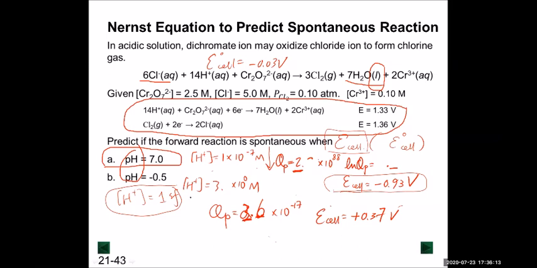And condition B is when you have a low pH, a negative pH. Negative pH means the hydrogen concentration is more than 1 molar. It's actually 3 molar, 3.2, I think. You keep only 1 sig fig. So 3 molar, a high concentration of reactant, pushes the reaction to the right, and you can see the actual cell potential becomes positive.